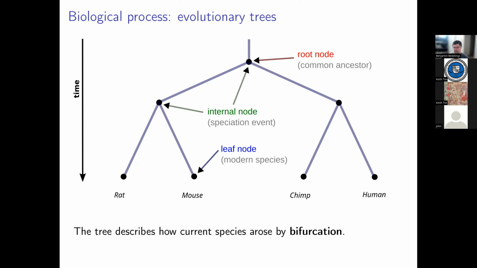The nodes that are higher up represent hypothetical ancestors, and we call those nodes internal nodes. Each represents a speciation event by which one species splits into 2 daughter species. And then the highest node is an internal node called the root node, which represents the common ancestor population that is ancestral to all of these modern species.